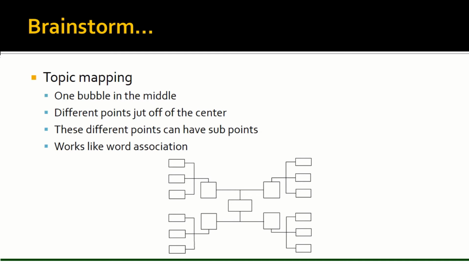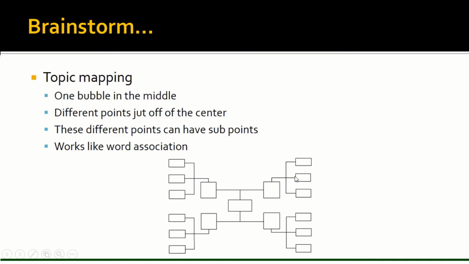Next one's called topic mapping, and topic mapping is very similar to word association, except it's a bit more clean and neat. So as you can see here, and this is just an image I pulled from Google somewhere, you start out with a word here in the middle, and then you think of words that are associated with that first word.